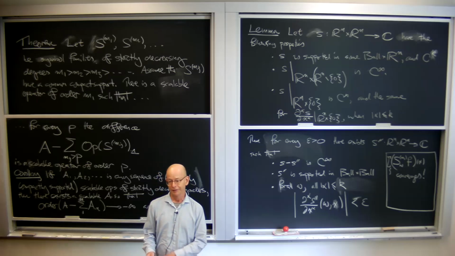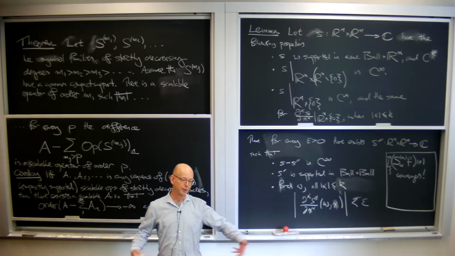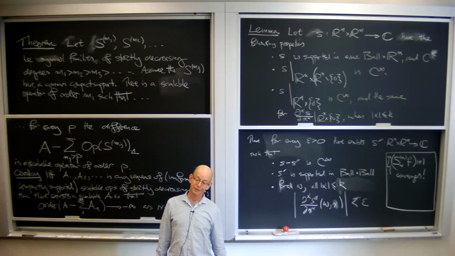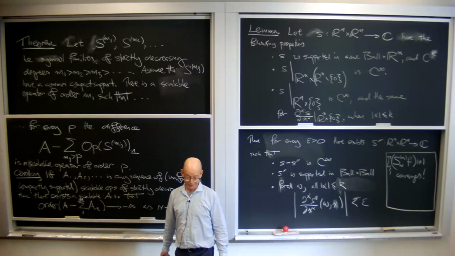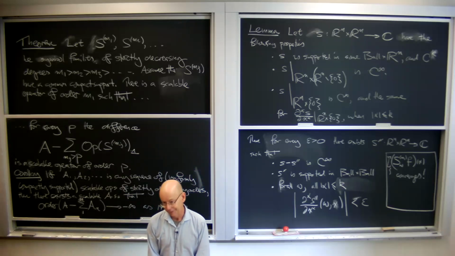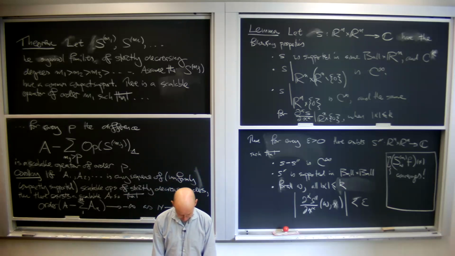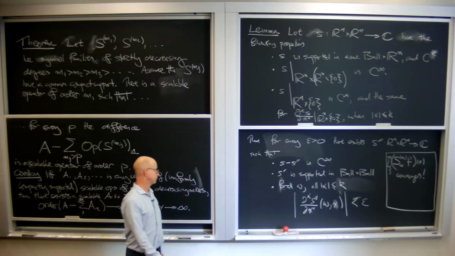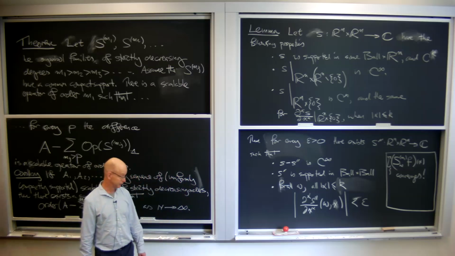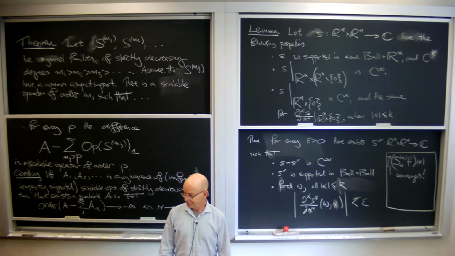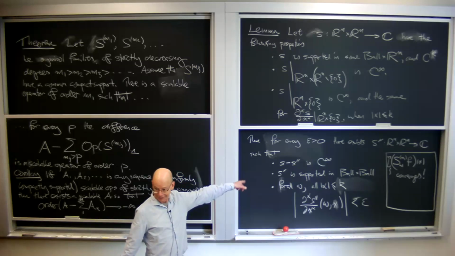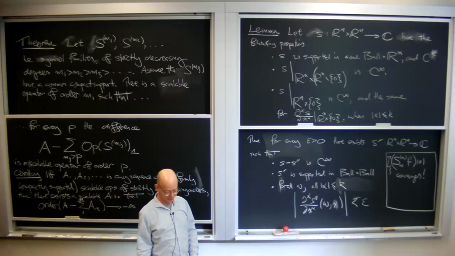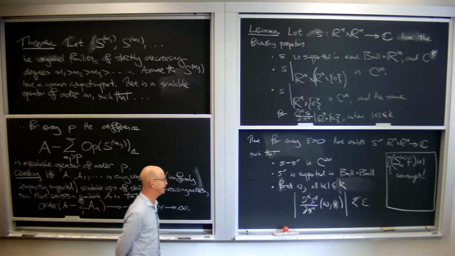And everything has to be smooth in all possible variables, and that's what you have to manage, and that's what makes this a little bit painful. Which means I'm not going to do it in front of you. I'll do some of it. I will show you a little bit about how this is proved, but yeah, go ahead.